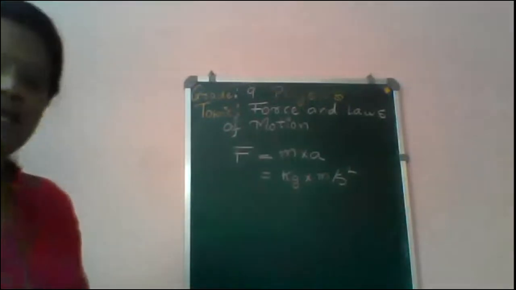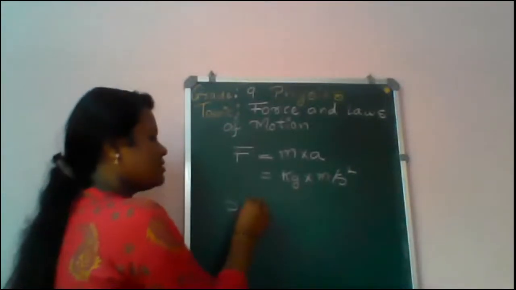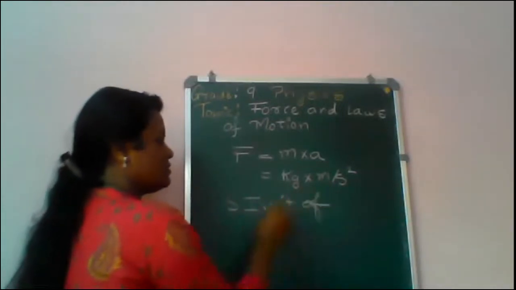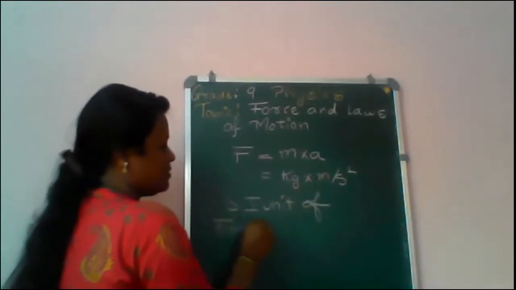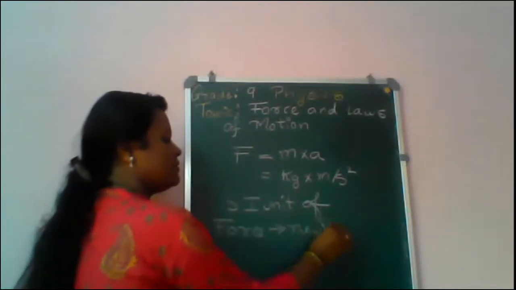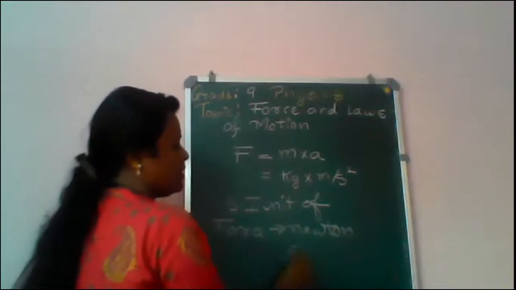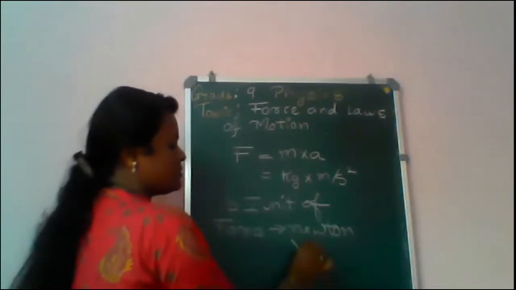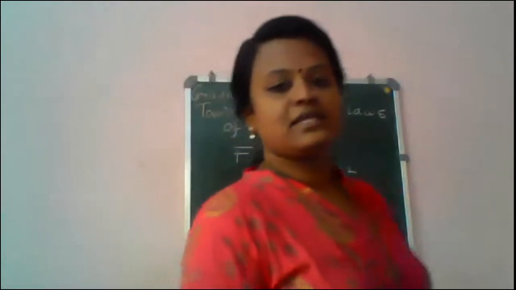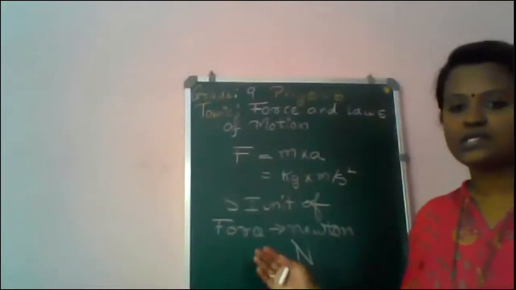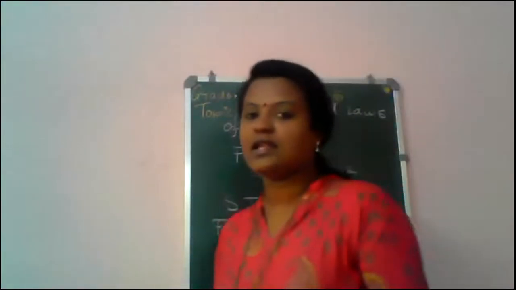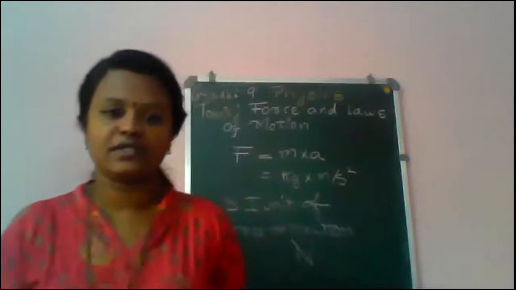In short, the SI unit of force is Newton. That is, in terms of symbol, we call it capital N. So this states that force is defined as the product of mass and acceleration, and the SI unit is Newton.